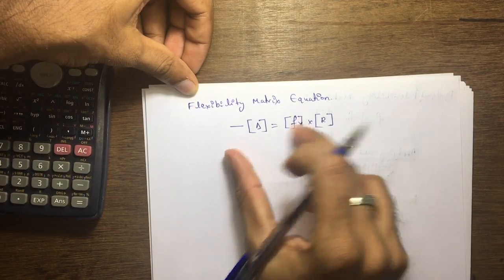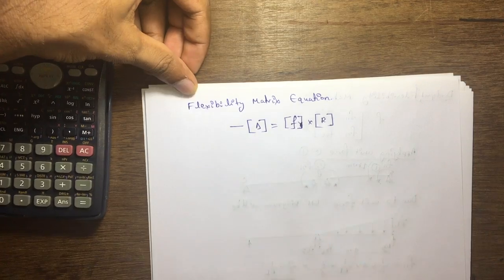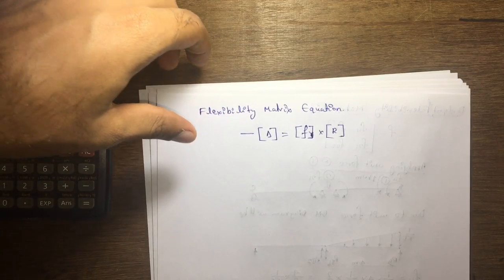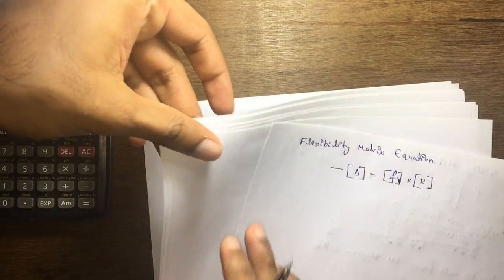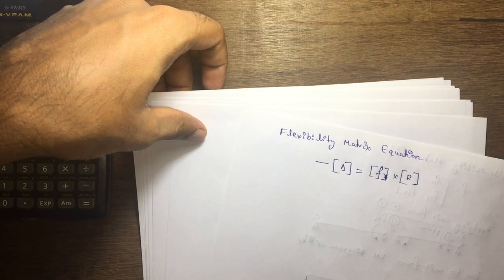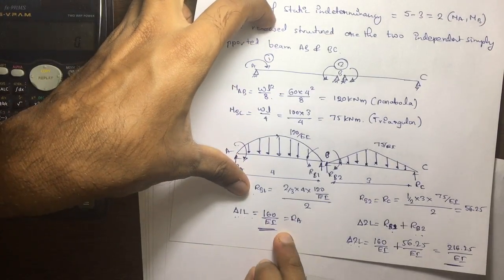So all these matrices we already know. Delta we calculated in the previous step. So that is delta 1 and delta 2.